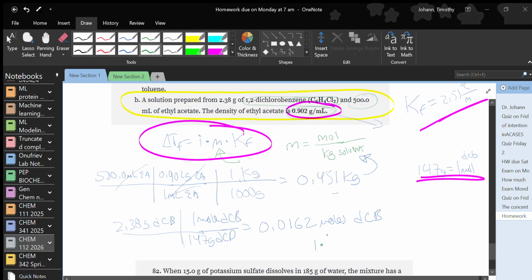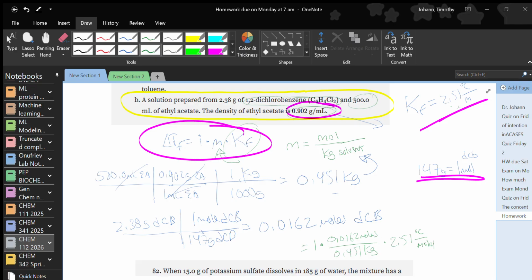Our molality is going to be 0.0162 moles over 0.451 kilograms, times that constant, 2.51 degrees Celsius per molal. And that's going to give us our answer in terms of how much the freezing point goes down. And then we'll have to subtract it from the freezing point.